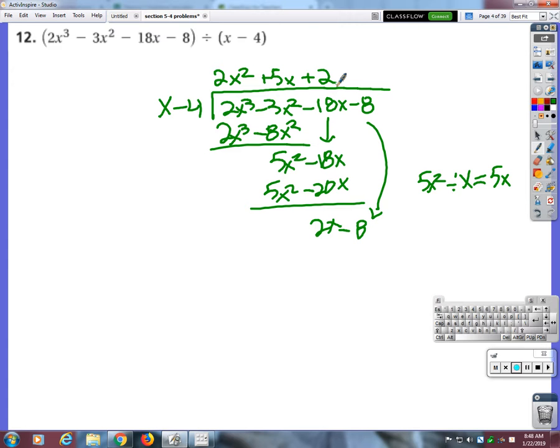Okay. Then I have to multiply these two things by 2. So 2 times x is 2x. And then 2 times negative 4 is negative 8. And since those are the same, it all cancels out. No remainder. This is just your answer.